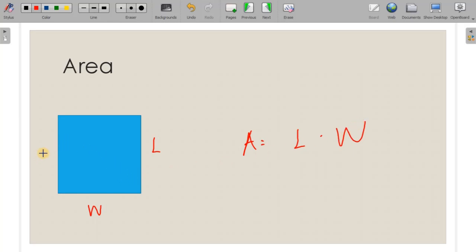So if this measures 2 meters and this is also 2 meters, that will be 2 meters times 2 meters. Your area is 4 meters squared. This is telling you that the unit is in squared units.